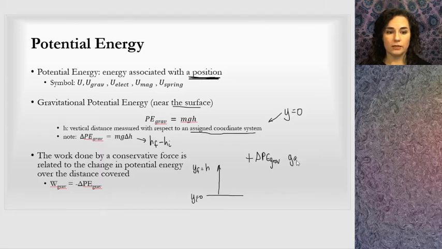It gained it, right? When we look at the work done by the gravitational force, if I think about a free body diagram of whatever object I have, the gravitational force is downward and my displacement vector is upward.